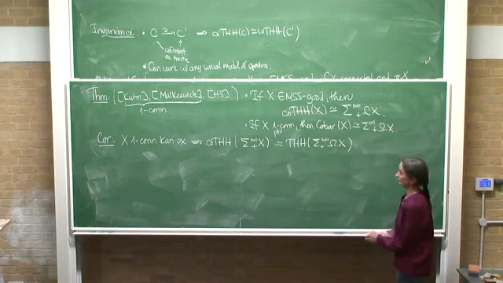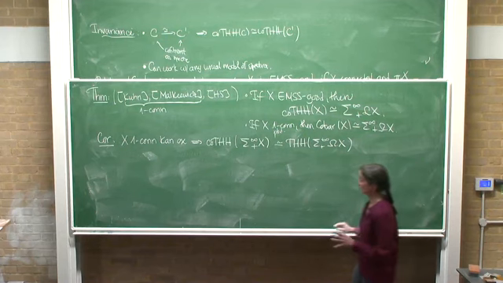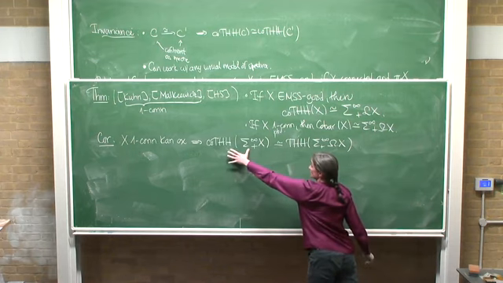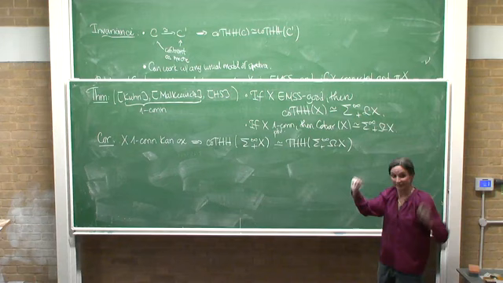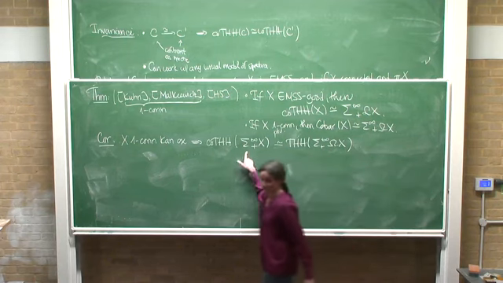So it goes through this result here, and due to some older work. But it's again the same kind of compatibility between coTHH and THH as we saw before. Again, with the advantage here that this one is in some sense a little smaller than this one here. So if you actually wanted to compute something, this might be your place to start.